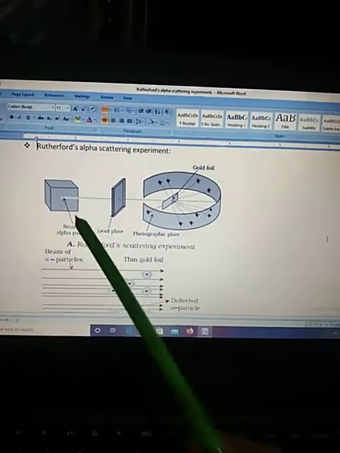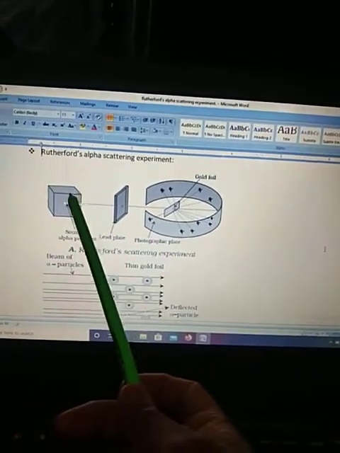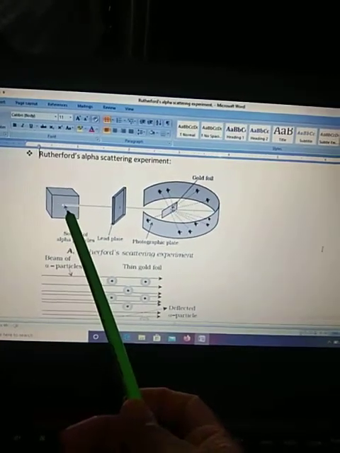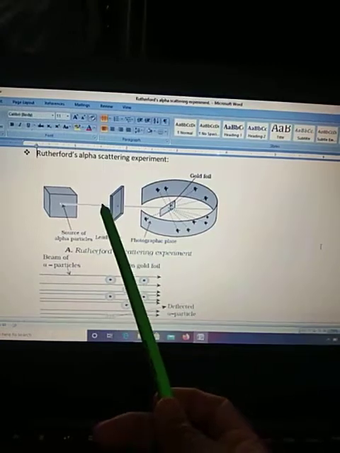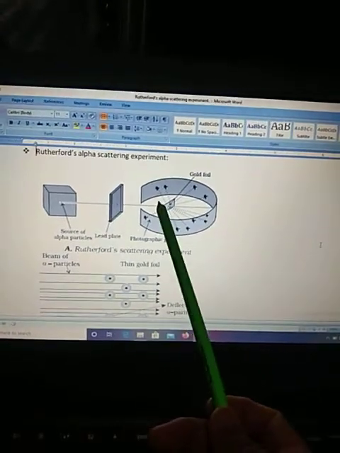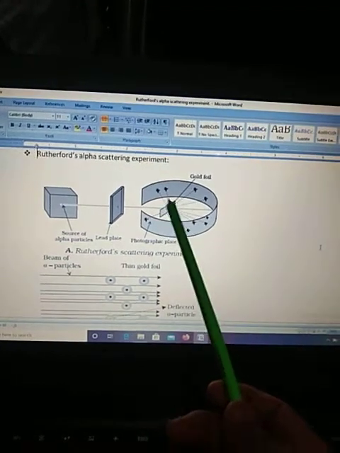Okay, now this is the arrangement. This is a source of a radioactive element from which the alpha particles will come, and this is a lead plate, so only through that hole can the ray pass. And it is made to strike the gold atoms.